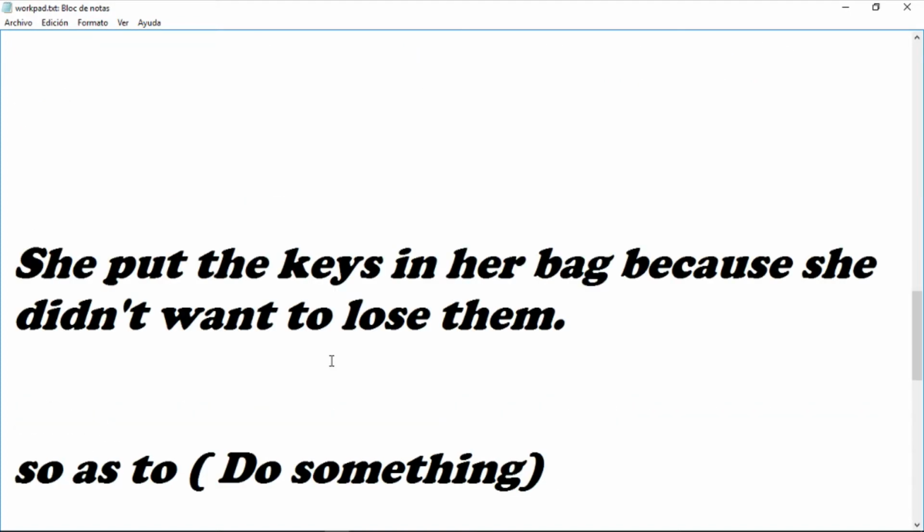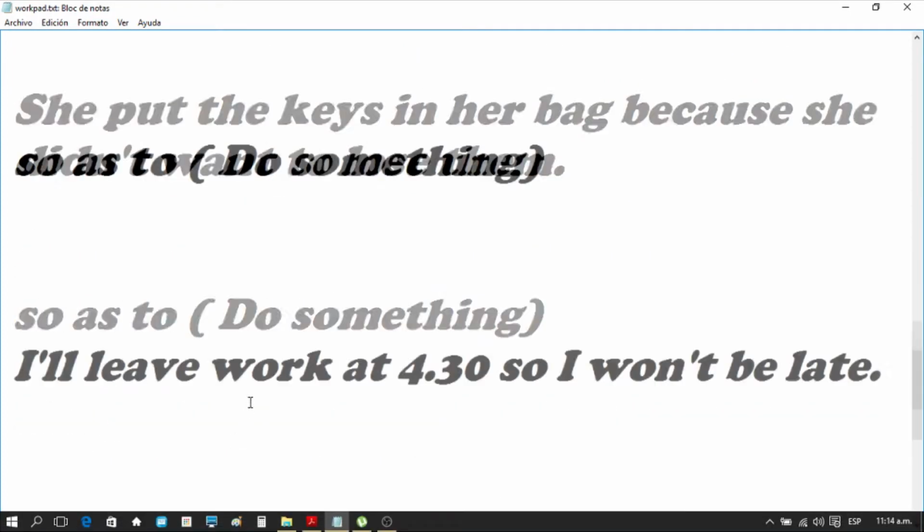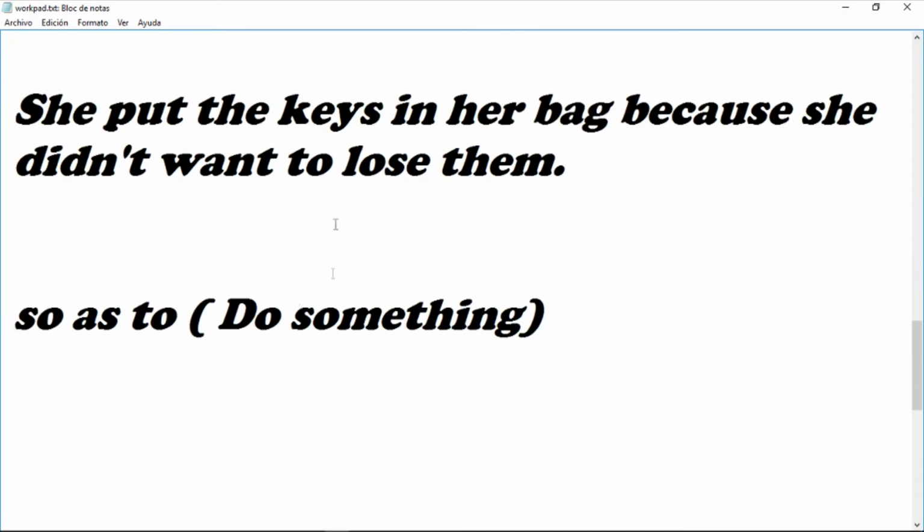Okay? Let's do one with so as to. So as to, in order to. They're more or less the same. The idea is the same. Sometimes what changes is how you structure your sentence. So the idea is she put the keys in her bag because she didn't want to lose them.